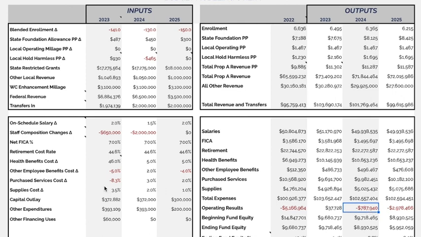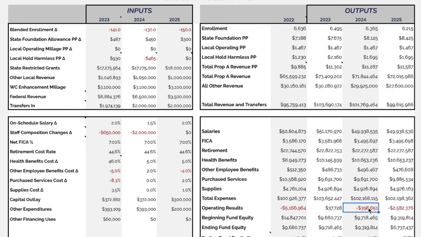Now, let's say that we can continue to work against purchase services cost increase. So let's just say, for whatever reason, we think that we can keep those flat into next year. Let's say we could do the same things on supplies. And so now I'm down to maybe a $400,000 shortfall, and then you're basically within spitting distance.